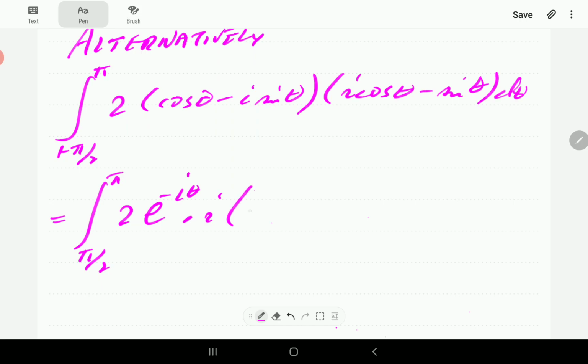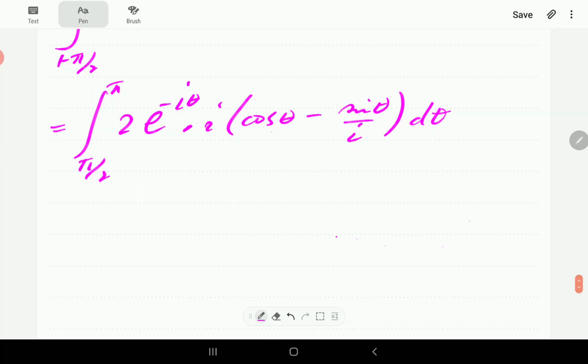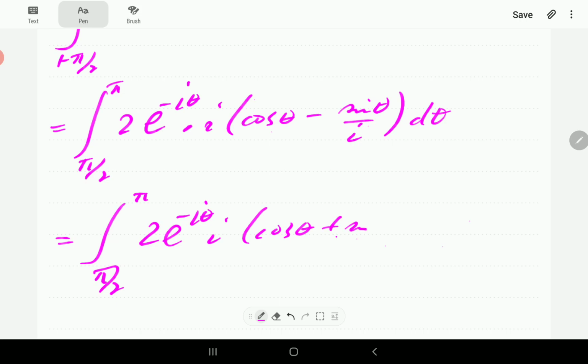If you factorize the i, then we're going to have cosine theta here minus sine theta over i, but 1 over i is negative i, so we can write this as i cosine theta plus i sine theta.